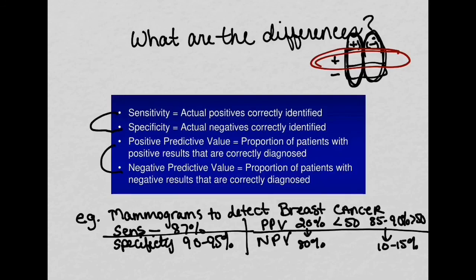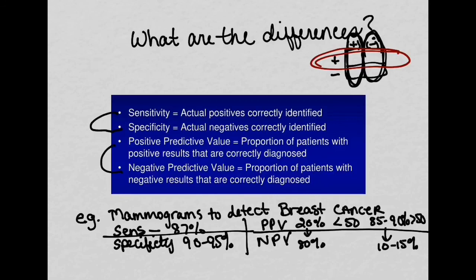There's quite a few people that need to go further, especially if you're less than age 50, that don't have breast cancer that perhaps you suspect they could. So this could be a 30-year-old with a breast lump that could just be a cystic duct or a milk duct, and it ends up ultimately being negative. Whereas it goes way up to 85 to 90% when you're over 50 because your breast cancer rate goes up for a variety of reasons.